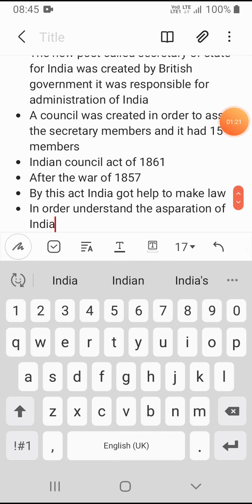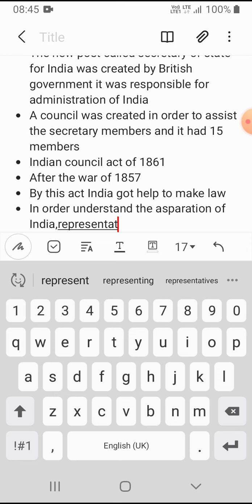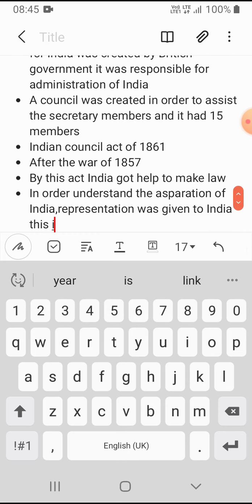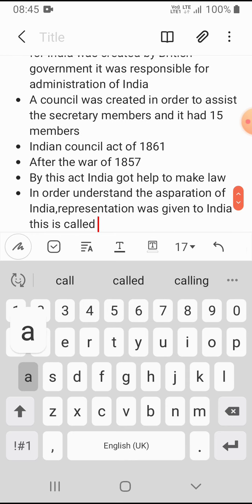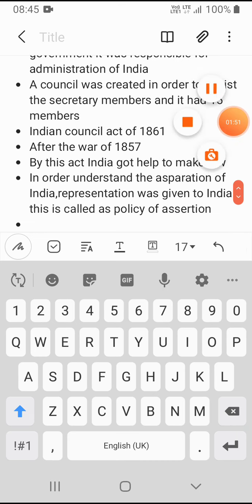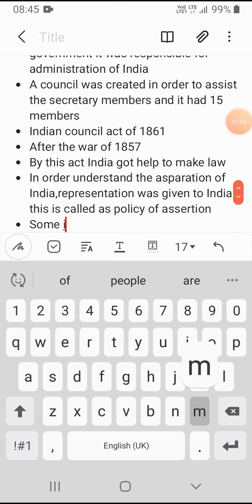In order to know that, representation was given to India. This is called the policy of association.